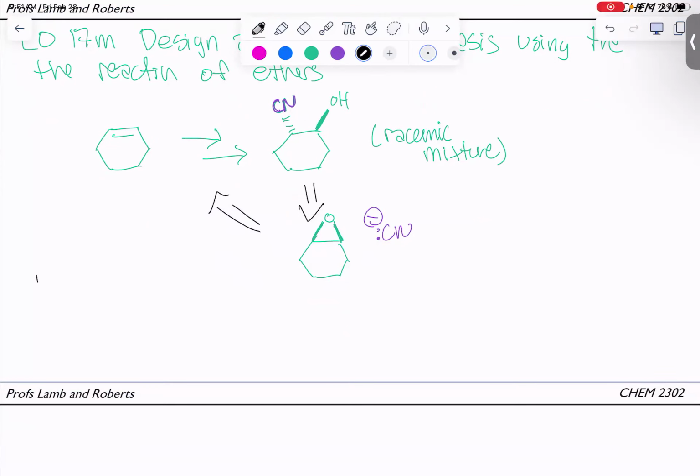So let's talk about the forward direction. We started out with an alkene. We know you can do an epoxidation with MCPBA, so that seems like a pretty good way to get to our epoxide.